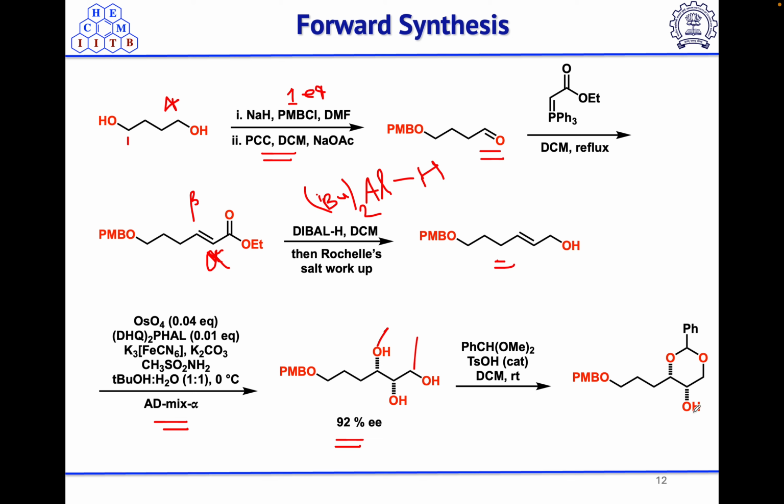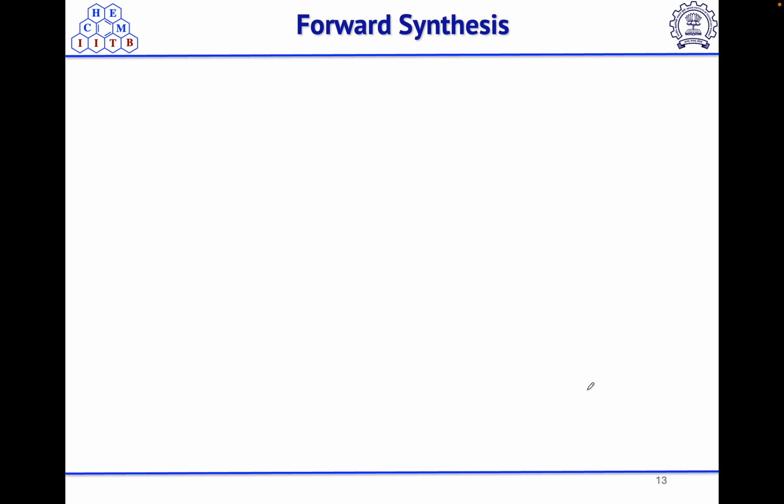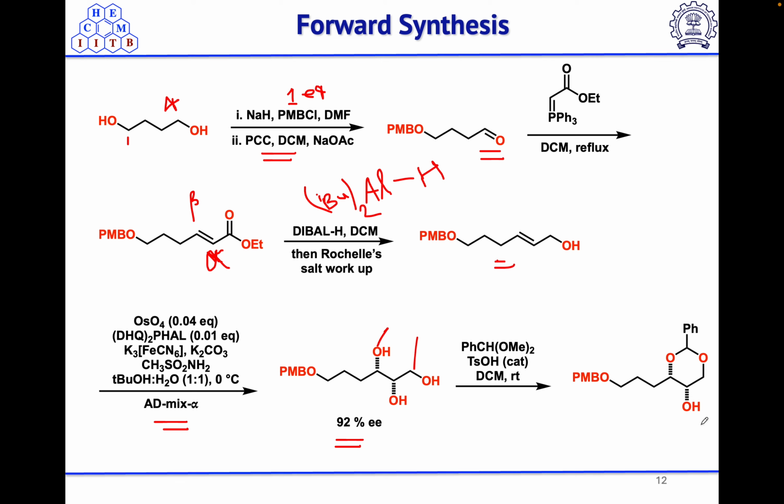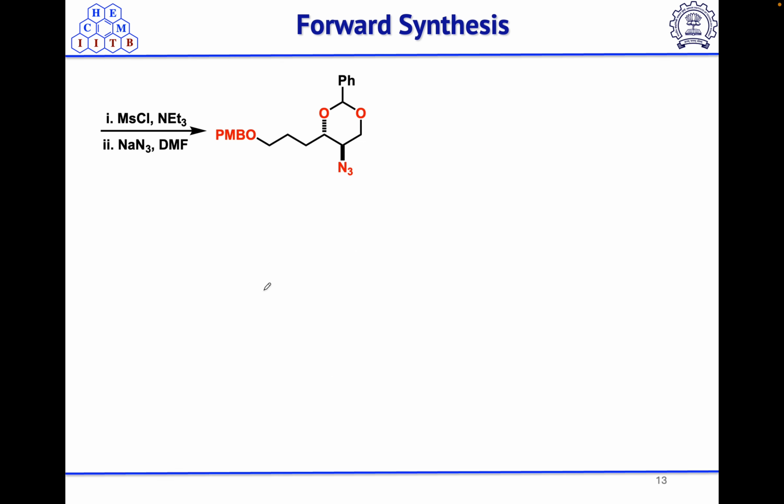We convert this alcohol to a leaving group by treating with mesyl chloride and triethylamine. First we will have this OMs. Now we treat the OMs with sodium azide, so nucleophilic displacement will happen and it will give this azide, right?